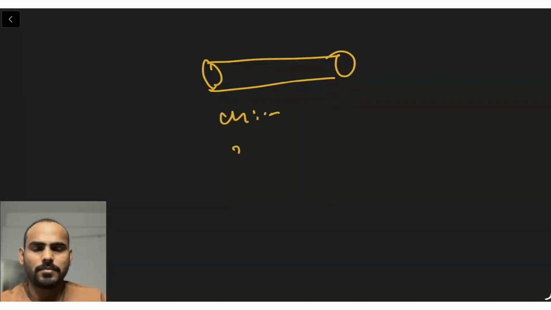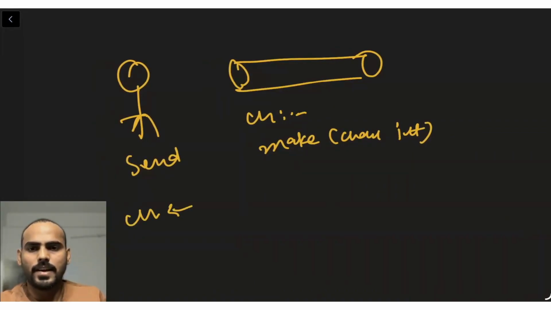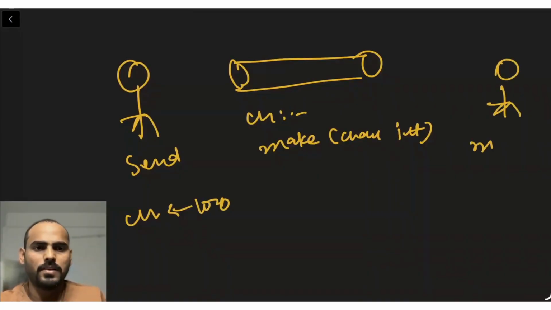And in the second case, what happened? We also had a channel there. We created it like this, make chan int. There we had the send goroutine which was sending the data, but in the main goroutine there was no one to receive this data, right?